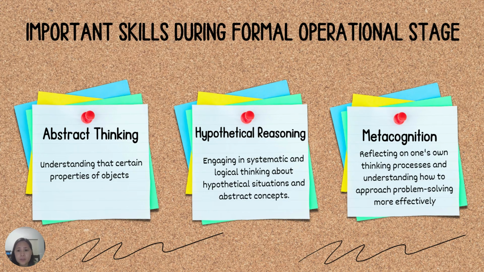That is to reason logically, and plan systematically for the future. Abstract reasoning is the capacity to deal with ideas beyond the here and now. For example, students can discuss concepts like justice, freedom, or honesty, even without direct examples.